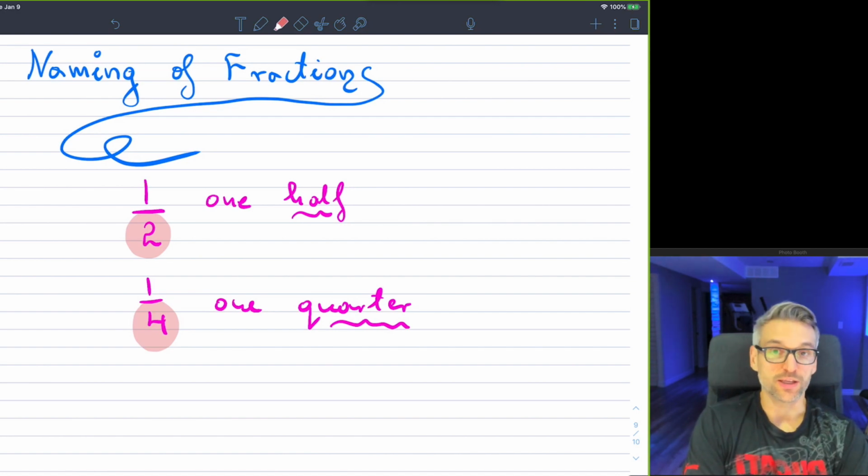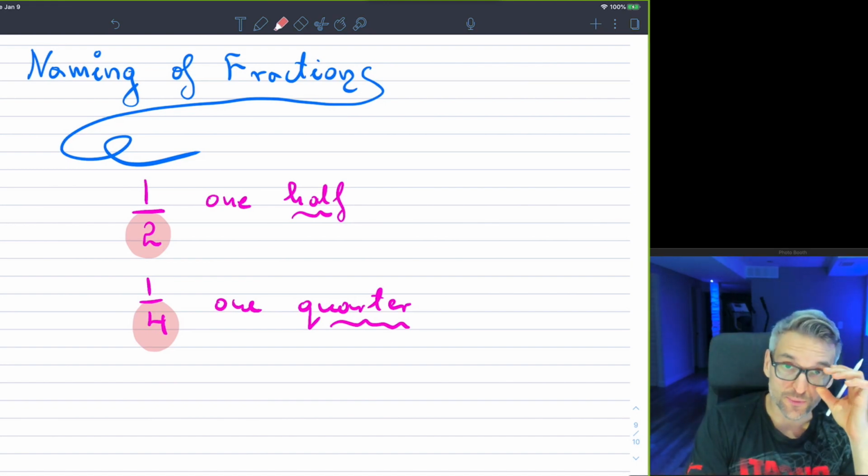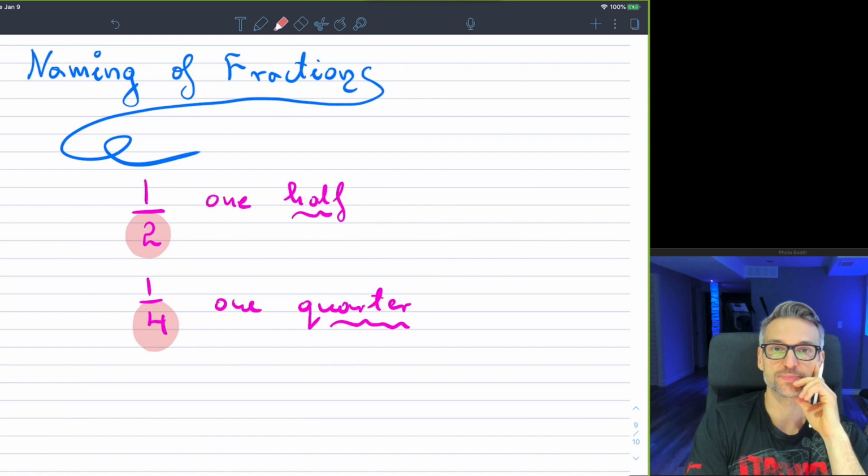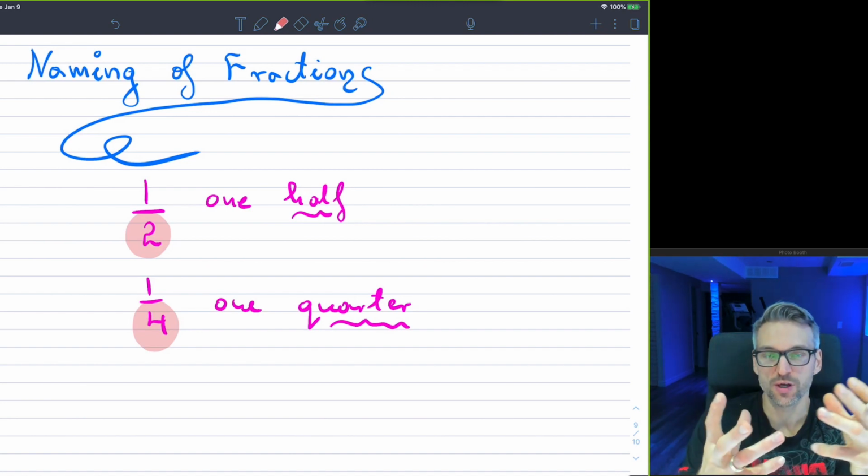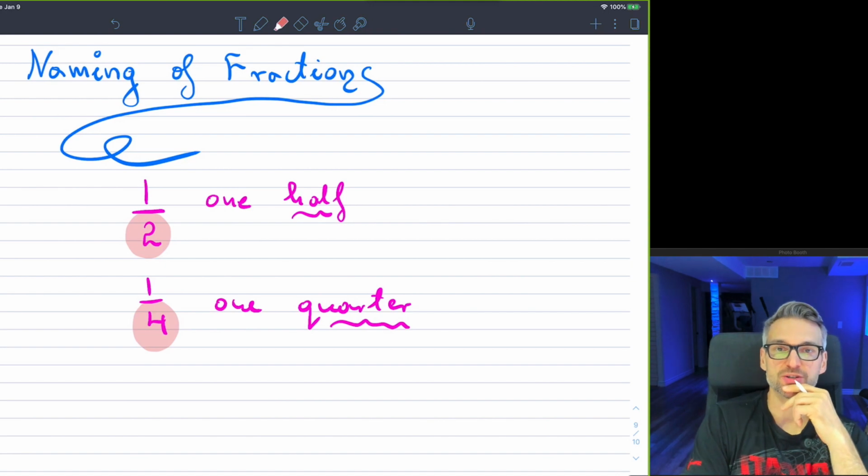And now that we know that, we can move over to some of the other fractions and create a general overview of how to actually name a fraction properly. For instance, sometimes people would say 1/2 or 1/4, which is fine, but that's not the proper way of naming it.